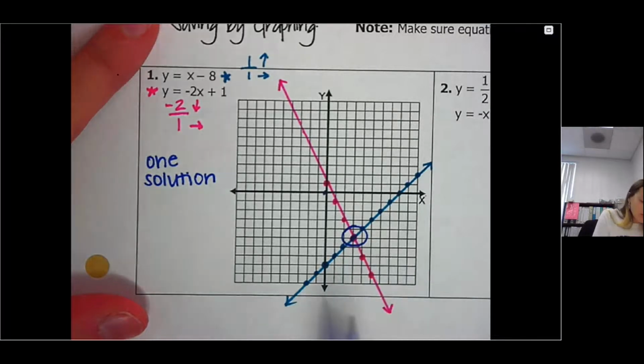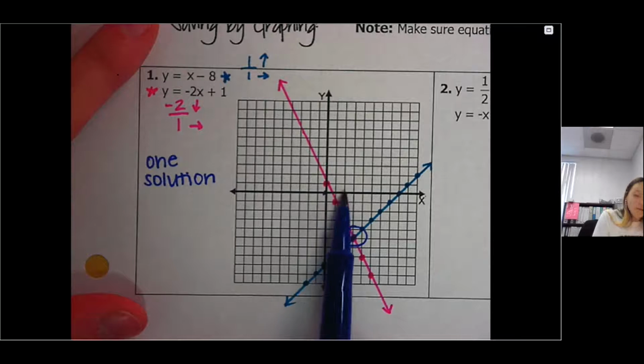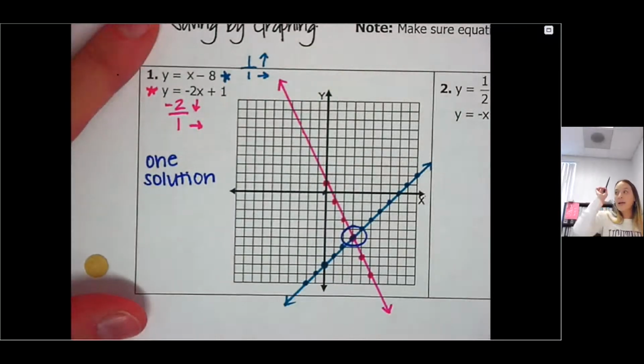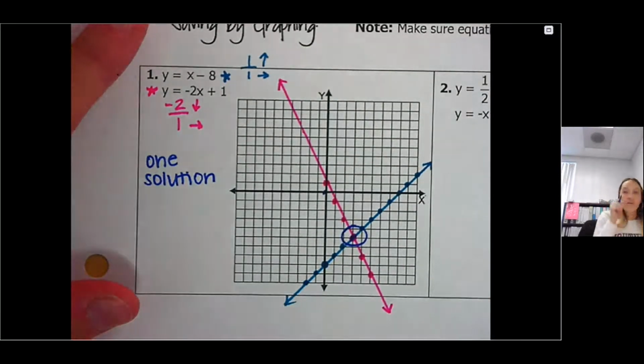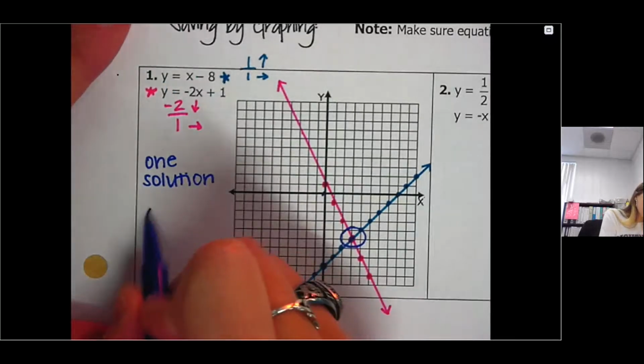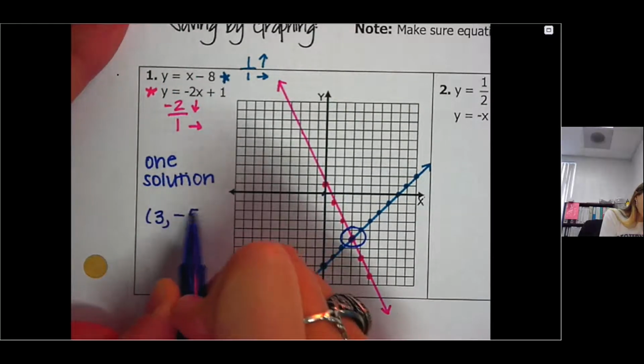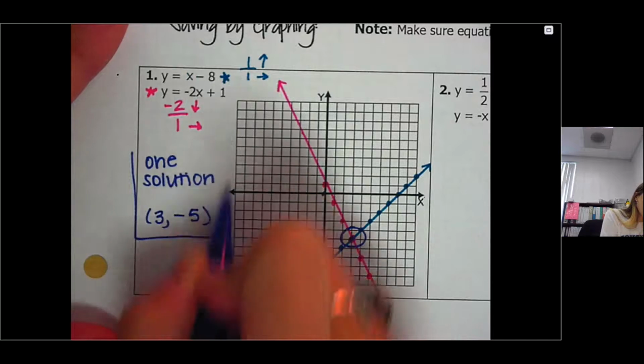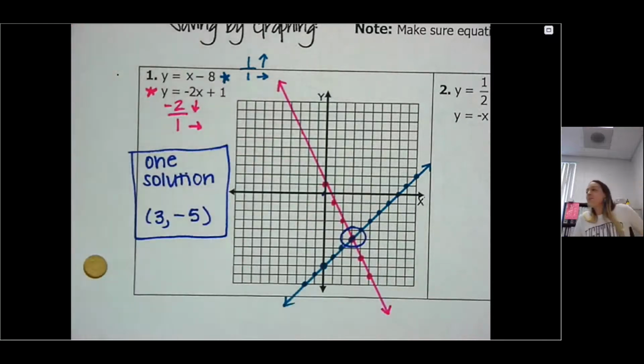To the right. How many are you going to the right? 3 to the right. And then how many are you going down? 5. Down 5. So it is positive 3, negative 5. That is your solution to this system of equations.